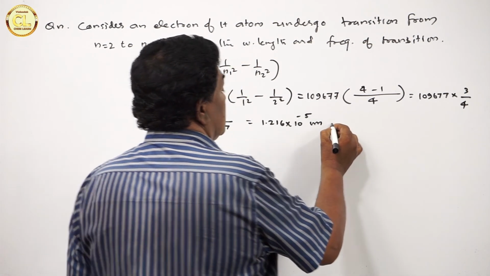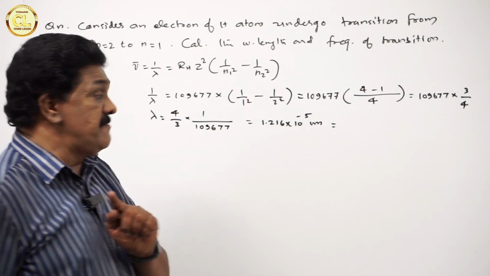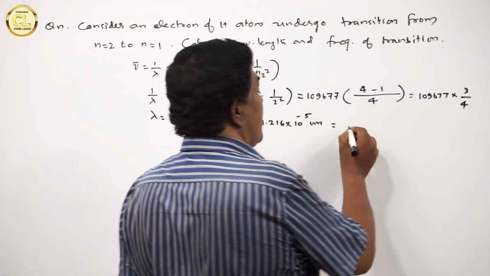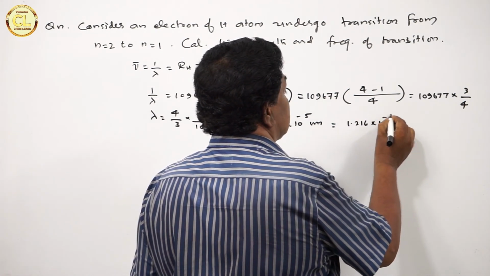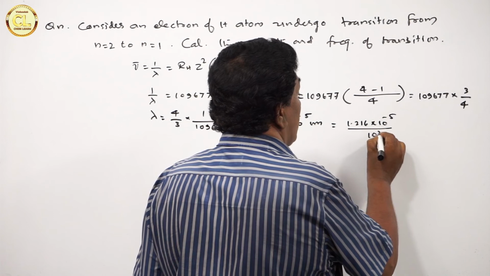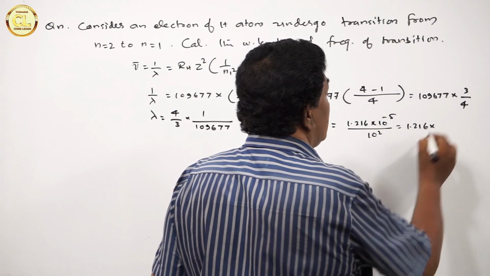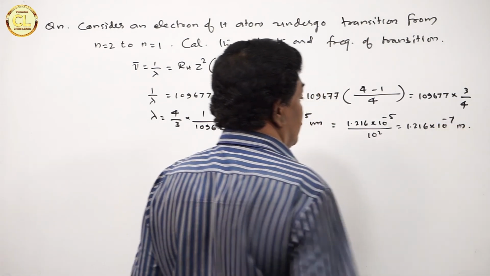See, 100 centimeter is equal to 1 meter. Therefore, centimeter can be converted into meter by dividing by 100. That is 1.216 into 10 raised to minus 5 divided by 10 square. That is equal to 1.216 into 10 raised to minus 7 meter.